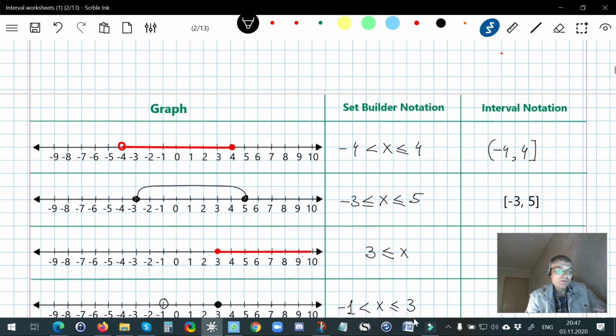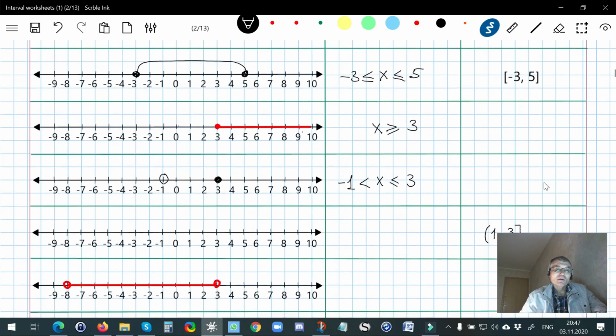So x is greater than or equal to +3. But when there is only one inequality, not double, it's more natural to write this like this. X is greater than or equal to +3.